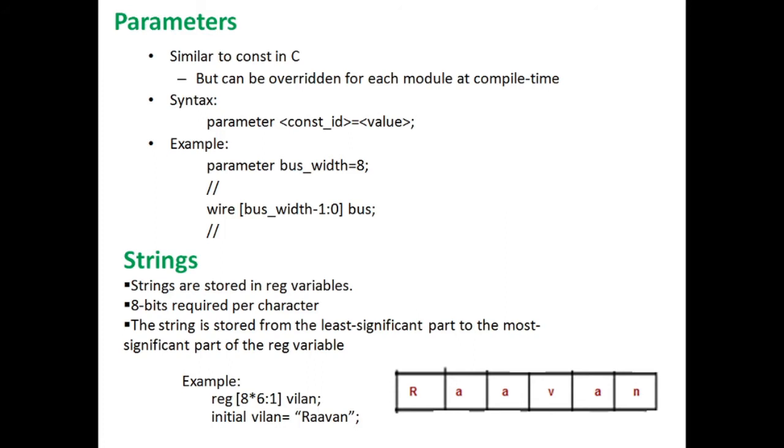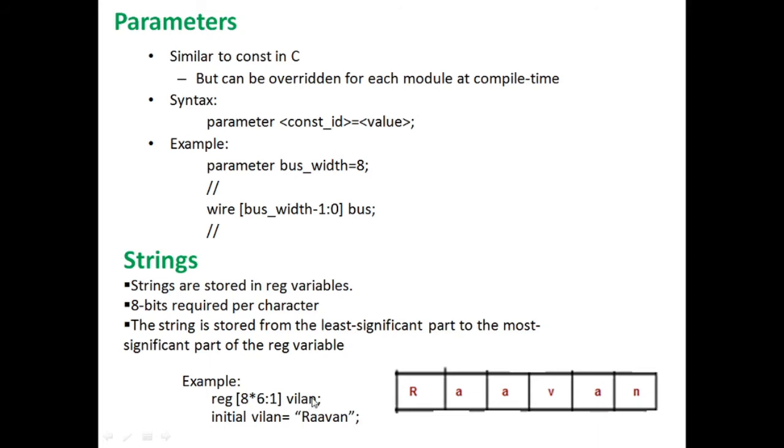Suppose the width of the register is less than the string, what happens? At this time, Verilog truncates the leftmost bits of the string. That's it. For example, for villain, instead of 8 into 6, I have taken [8*4:1]. That means two characters the villain variable cannot store.